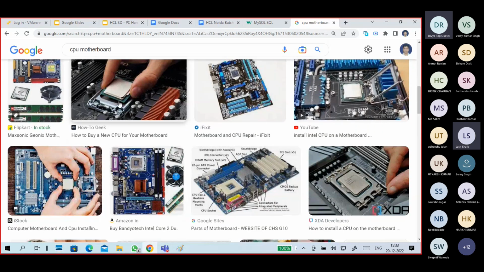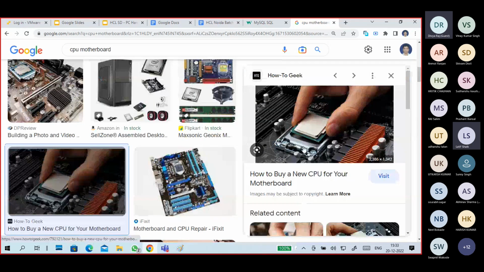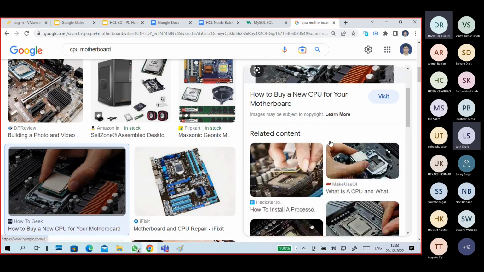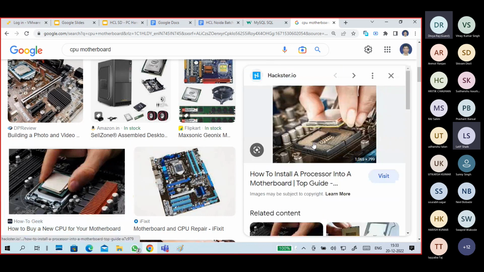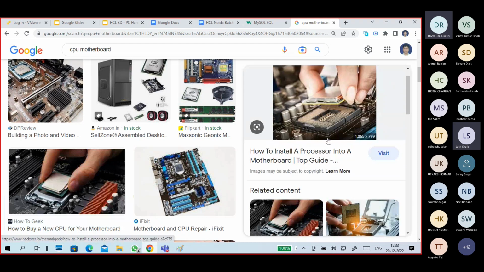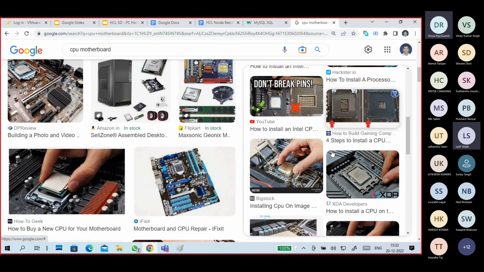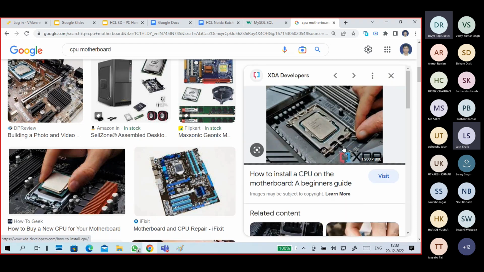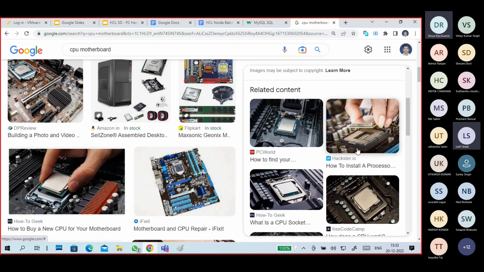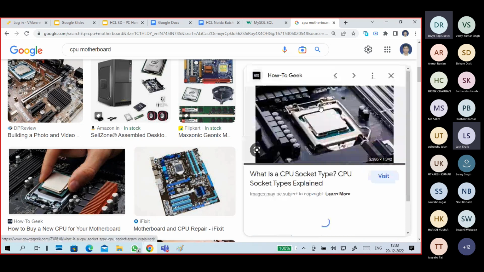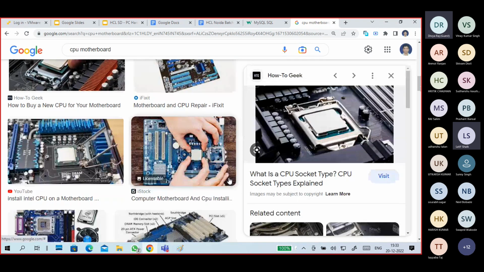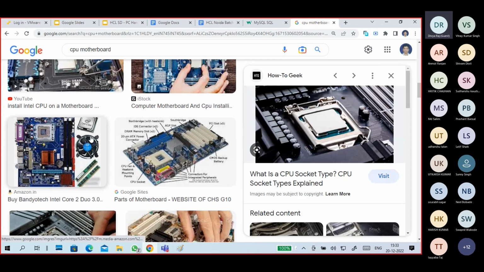See, this is the motherboard. He has to open this and insert the CPU like this. He will insert the CPU and close the lid. You close this lid and lock it like this. Once that is done, he will put a heat sink on it.